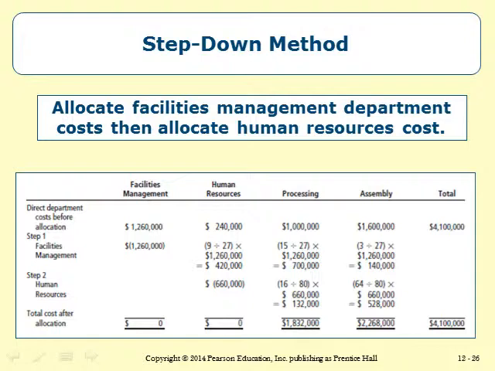In step 1, we deduct $1.2 million from facilities management and add it to the other 3 departments. You can see there was no net effect on the total cost. The amount allocated to processing is 15 divided by 27 times 1.2 million, or $700,000, and then the amount allocated to assembly was 3 divided by 27 times the $1.2 million, or $140,000.